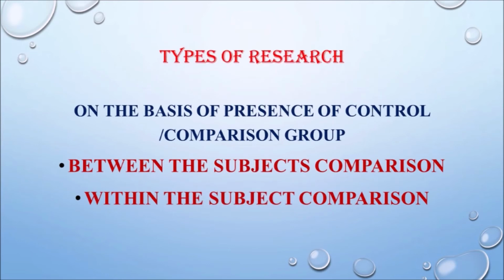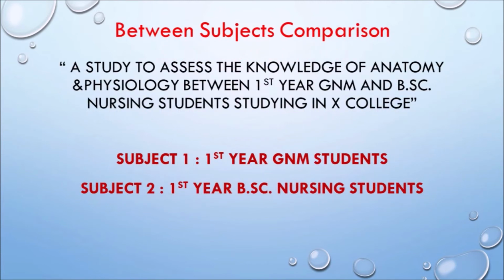The next type of research is drawn on the basis of presence of control or comparison group, that is, between the subjects comparison and within the subject comparison, meaning here the investigator is going to compare the results of his experiment between two groups. For example, a study to assess the knowledge of anatomy and physiology between first year GNM and BSc nursing students studying in X college.